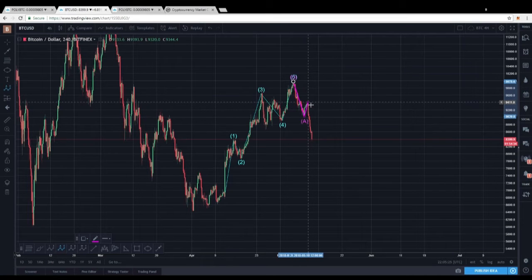We come up here to the high, and then down again to what appears to be the current low. And that, guys, right there is our first Elliott Wave cycle complete. The first 5 waves and then the first 3 corrective waves.